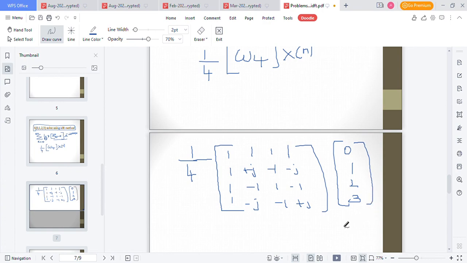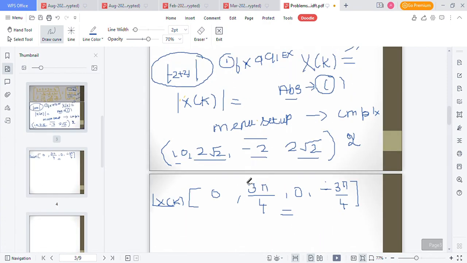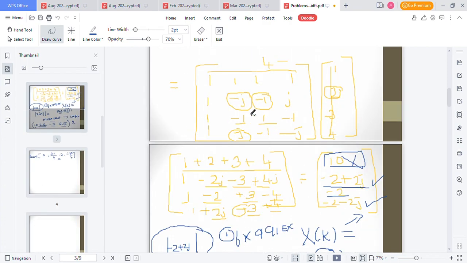Now if you do this, you're going to get the resultant like this. Before that, I'll showcase to you. See here, you've got minus j, minus 1, plus j, and here minus j, minus 1, plus j, here j, minus 1 and minus j. But in the case of your IDFT it changes.